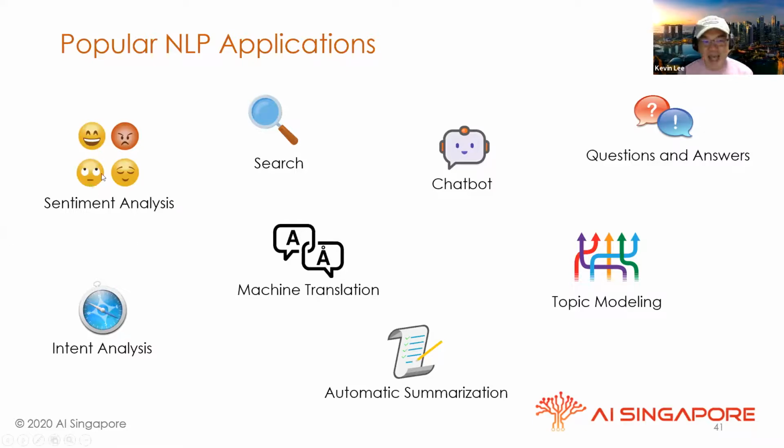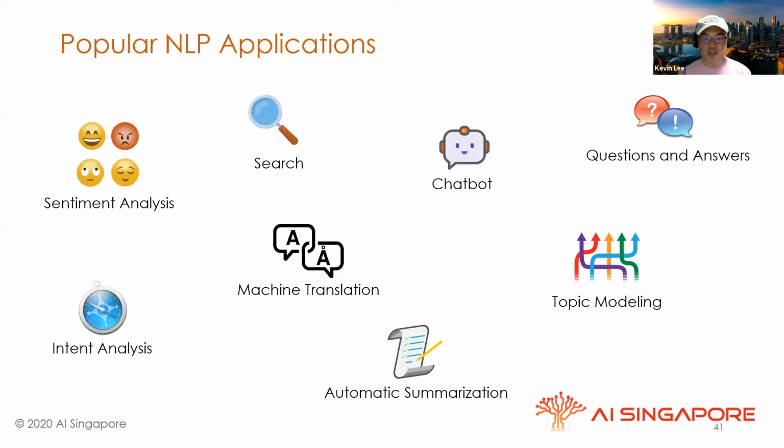Then sentiment analysis is also very popular, meaning, hey, why don't you look at all the feedback from customers and tell me whether in general my customers are happy or not happy. That was a pretty difficult thing to do just a few years ago, but sentiment analysis has become pretty common today in machine learning.